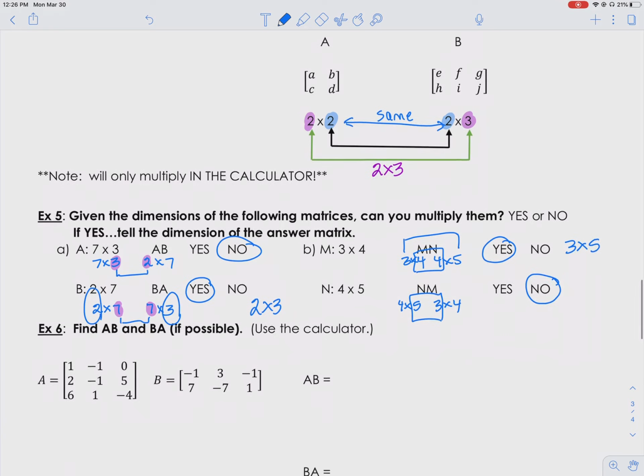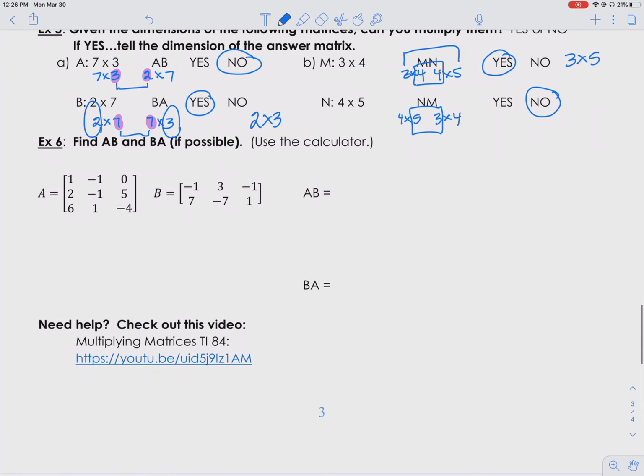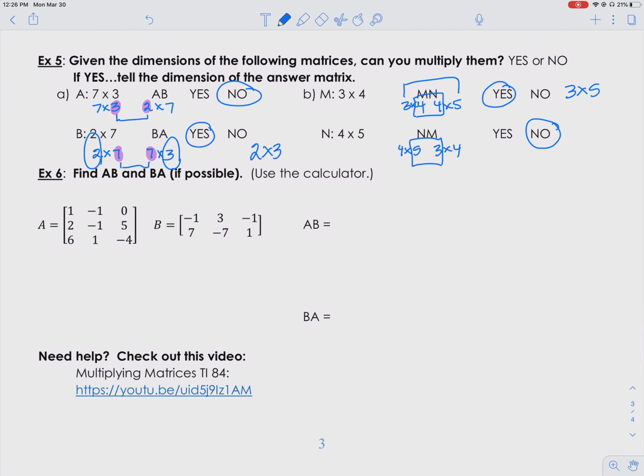All right. So in example number 6, first we want to see if it's possible. Look at A. A is a 3 by 3 matrix, right? 3 rows and 3 columns. So it's a 3 by 3. Now my B is a 2 by 3, right?